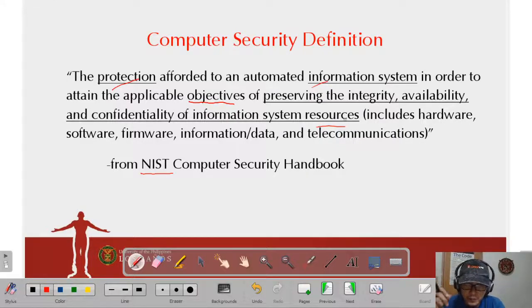So you set an objective regarding the integrity, availability, and confidentiality of the resources for the specific information system.